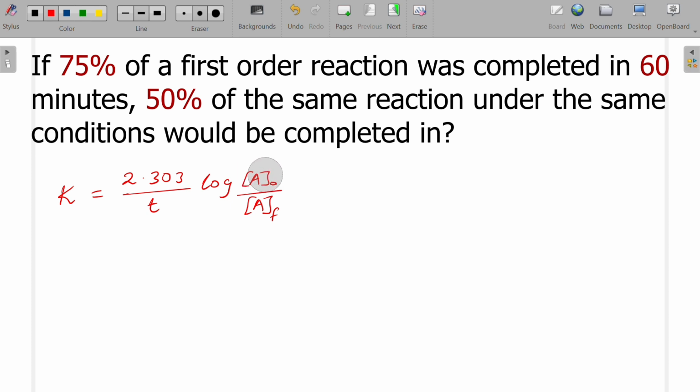In this case, we are using concentration, but it can be initial mass, it can be initial amount of substance, anything over the final amount. So this is the formula you need.